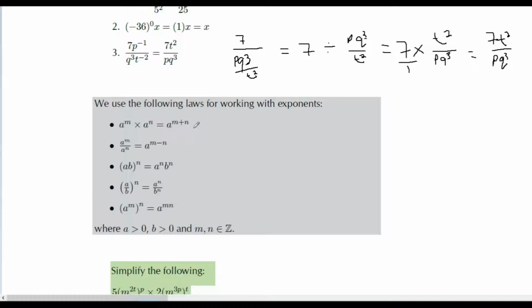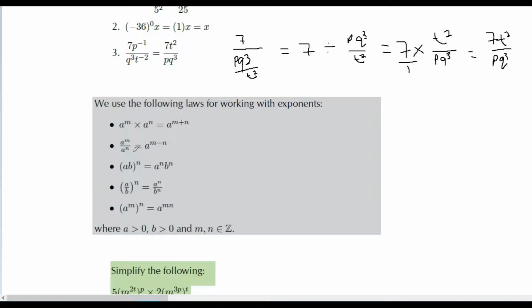Right, so we use the following laws for working with exponents. This should still be revision. So we have a to the m times a to the n. When we have the same base and we multiply two terms that are both exponents, we add our exponents, right?